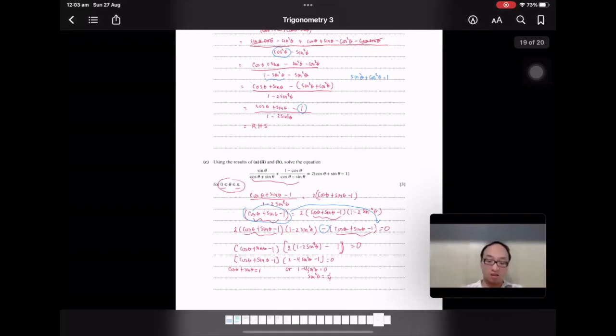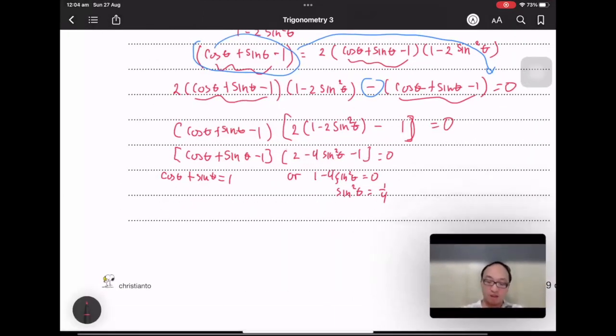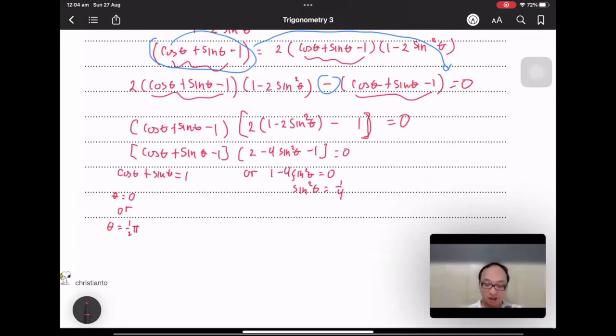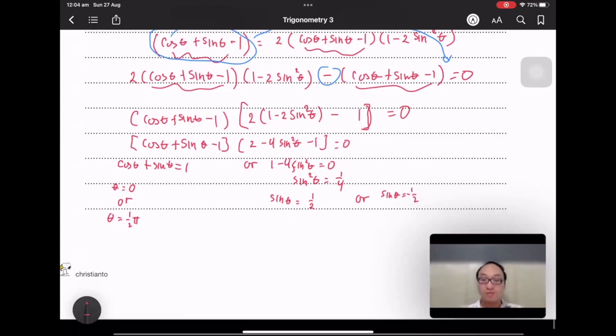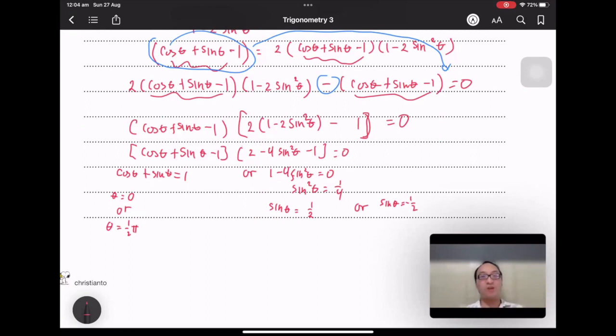So that means the solution of this will be theta equals 0 or theta equals half pi. And for the right side, I will have sine theta equals 1 over 2 or sine theta equals negative 1 over 2. Yeah, because the root of 1 over 4 is positive and negative 1 over 2.